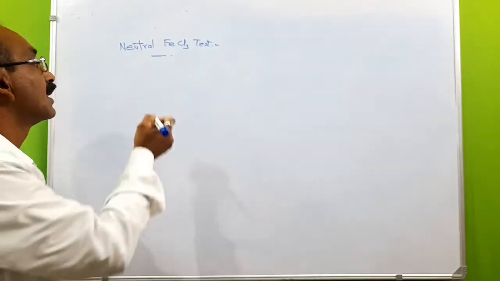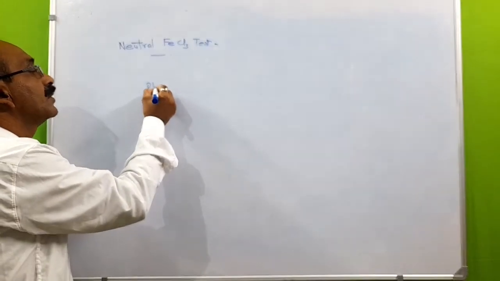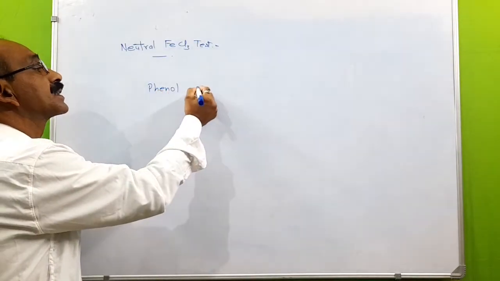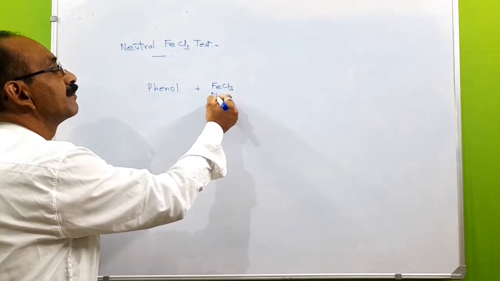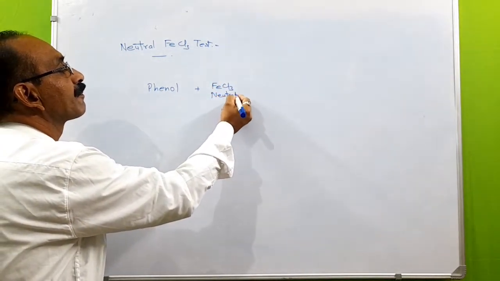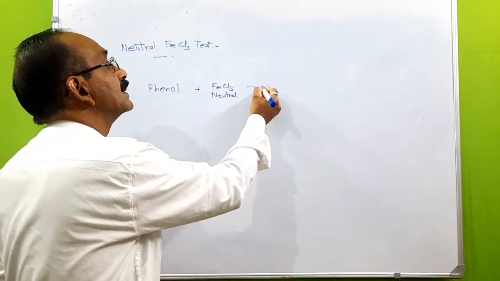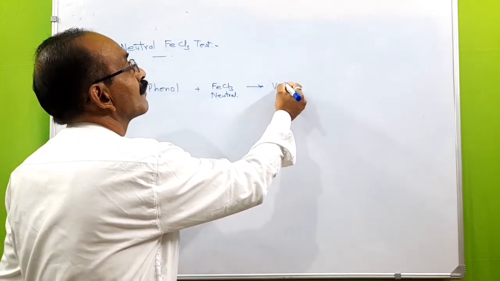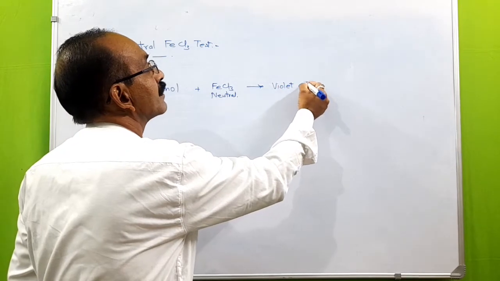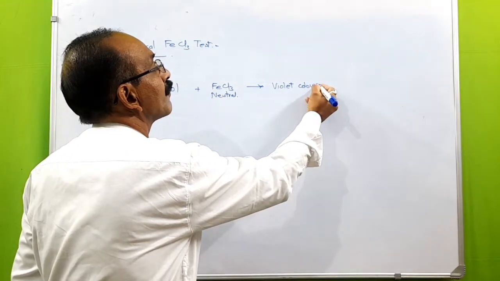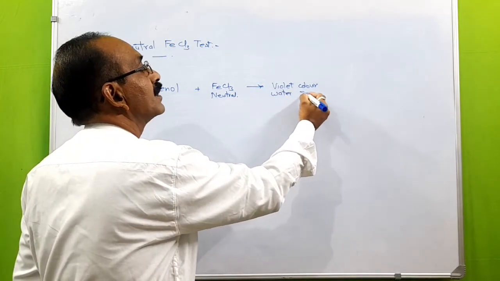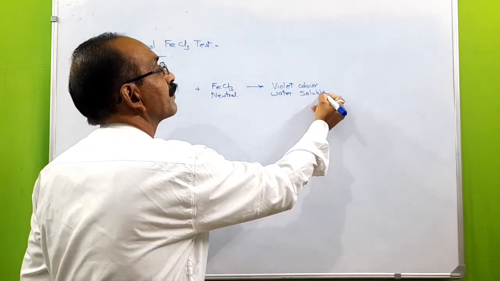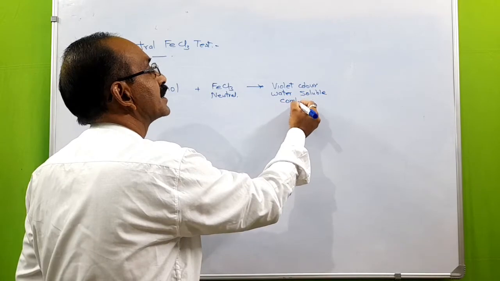What happens when a phenol is treated with neutral FeCl3? We obtain a violet color, a water soluble complex is formed.